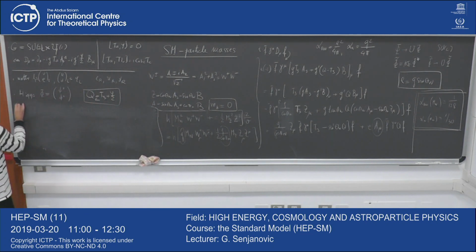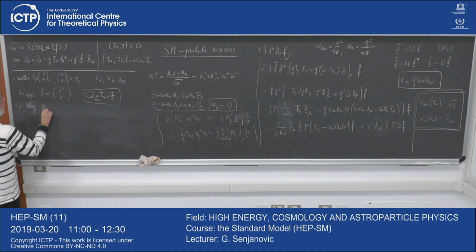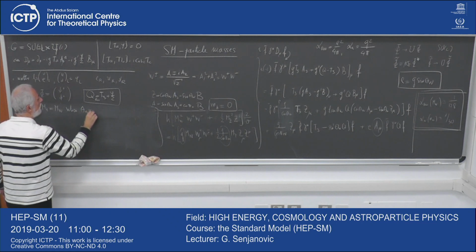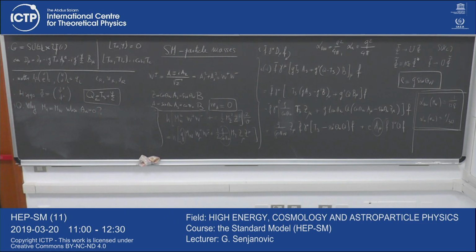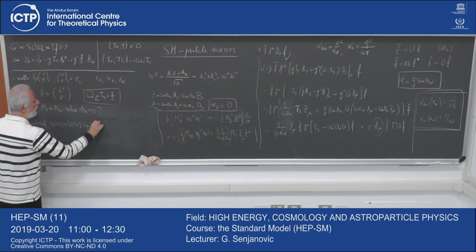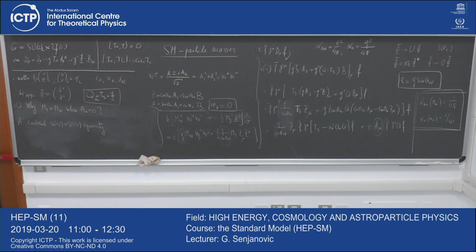And the question is, why is mZ equal mW when theta W is 0? The answer is there is a custodial SU2, equal SO3 if you wish, better symmetry. Custodial means protective, and this is a global symmetry that remains after symmetry breaking.